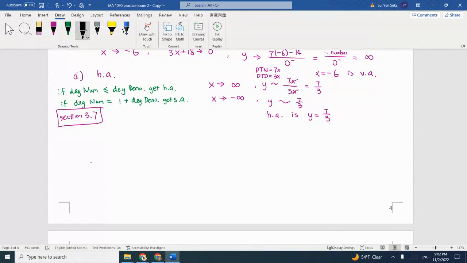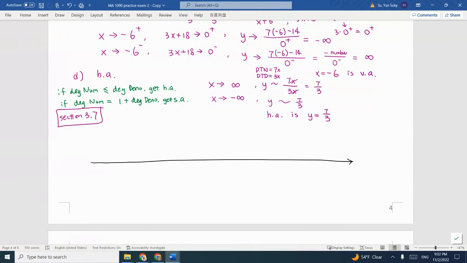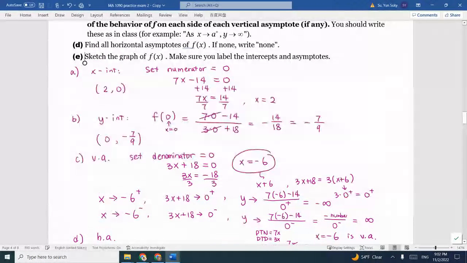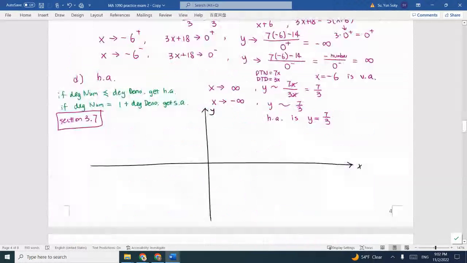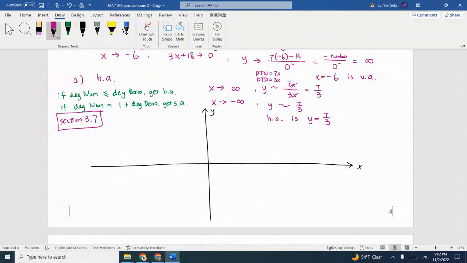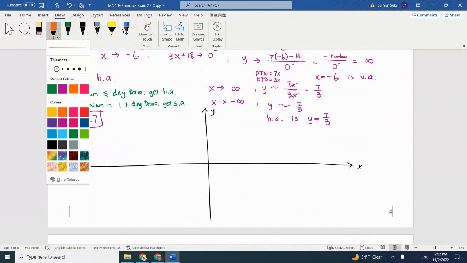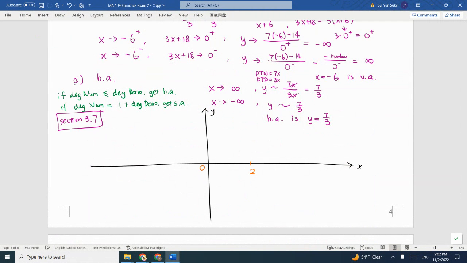So let's draw the picture. X-axis, y-axis. Look at part A. X-intercept is 2, 0. Right here. By the way, you don't need to put a lot of bars there.